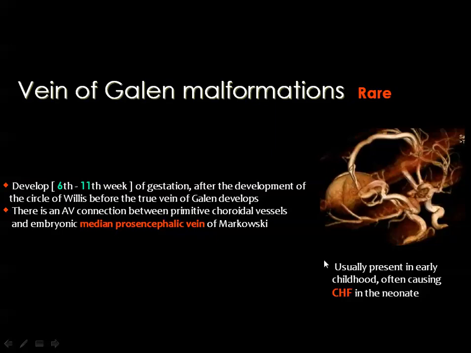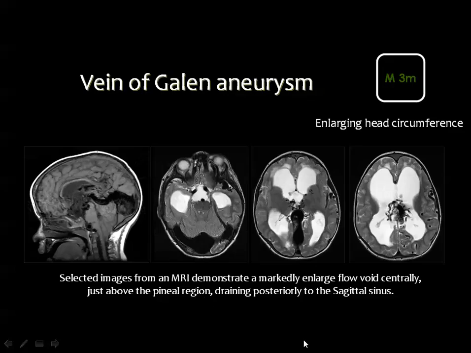But whenever this fistula develops, it will result in abnormal communication between the choroidal vessels and this abnormal vein. And because this is a high flow fistula, it commonly presents with congestive heart failure in the neonatal period.